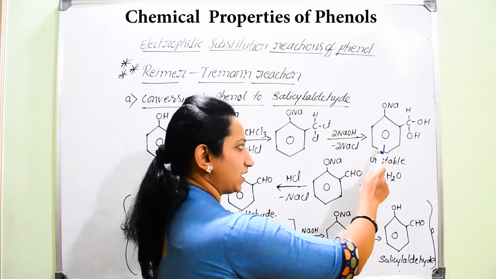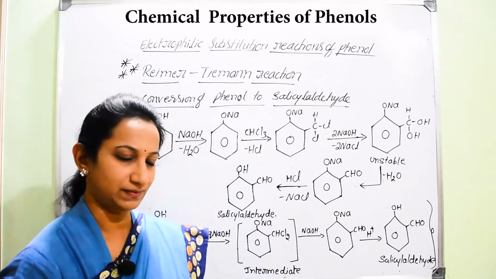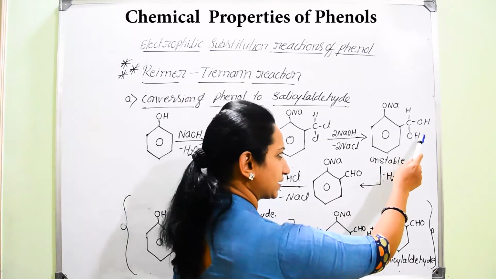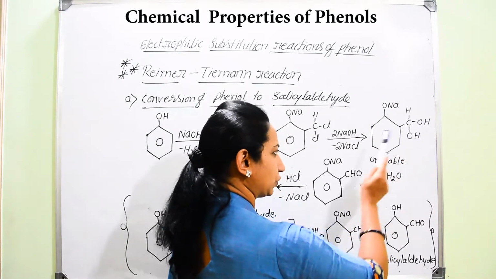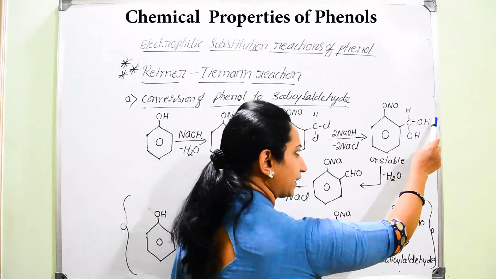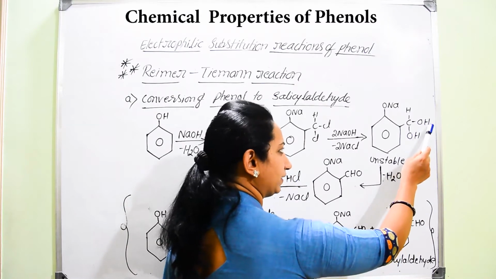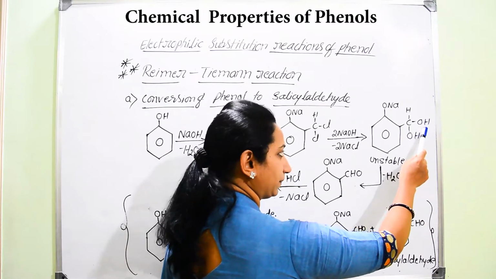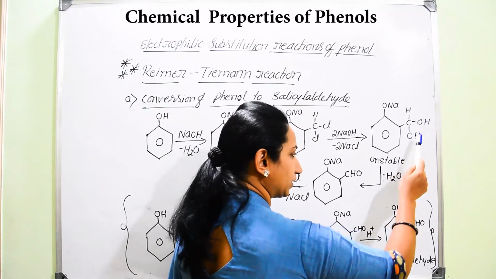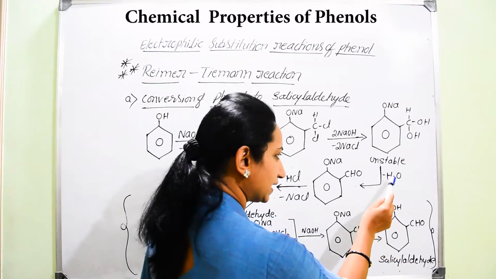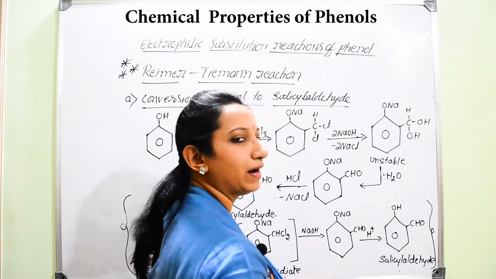This compound is said to be unstable because there are two neighboring hydroxyl groups here. They can interact with each other, so that one OH group and another hydrogen atom interact and result in the removal of a water molecule.